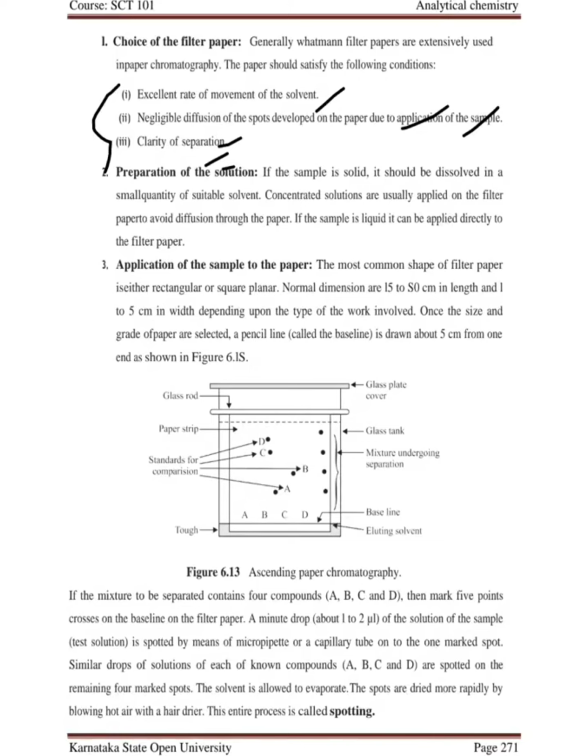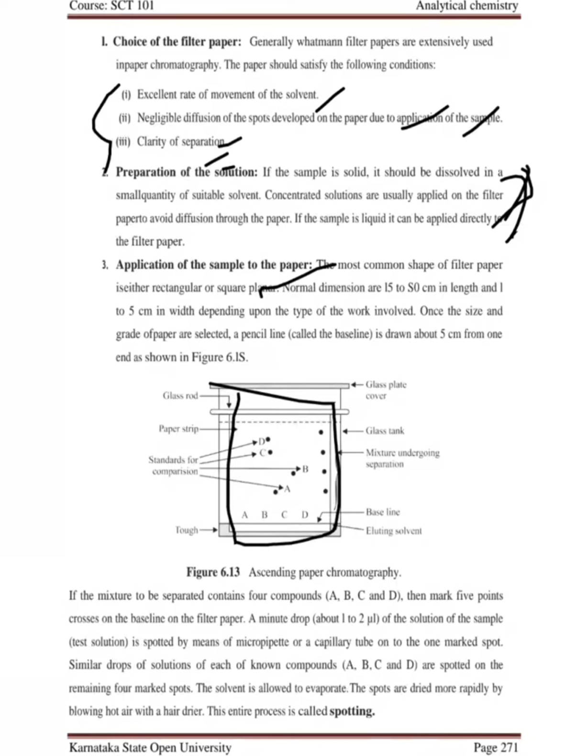And the preparation of the solution should be done by dissolving in a different solvent, seeing whether it is a polar sample or a non-polar compound. Depending on the polarity, we are going to dissolve the given samples. Further, the application of the samples: normally, you are going to use 15 to 80 centimeters of the paper, which is immersed in the beaker.